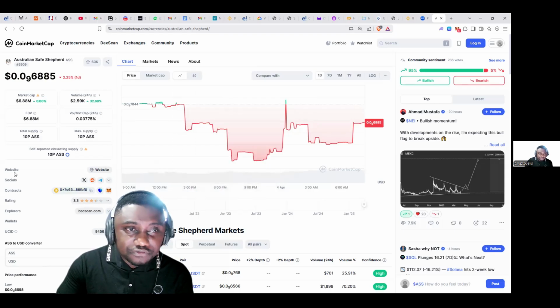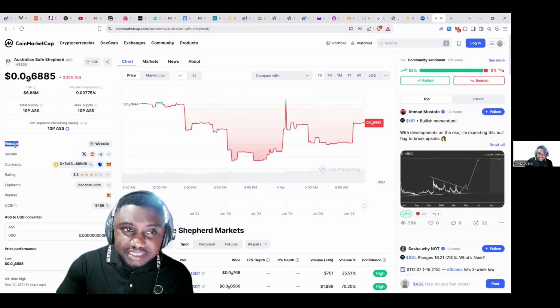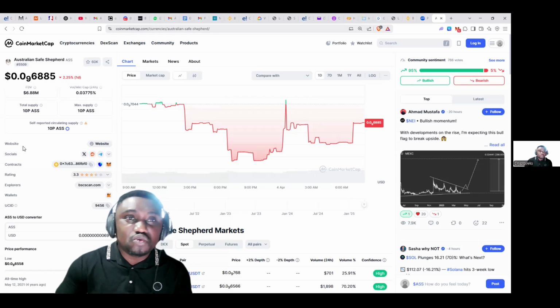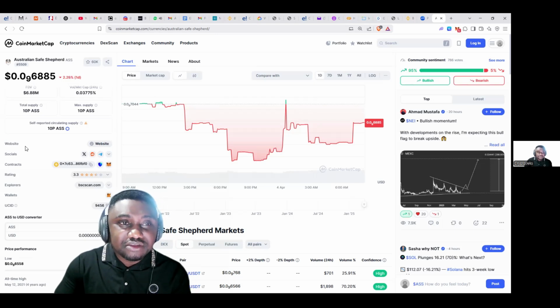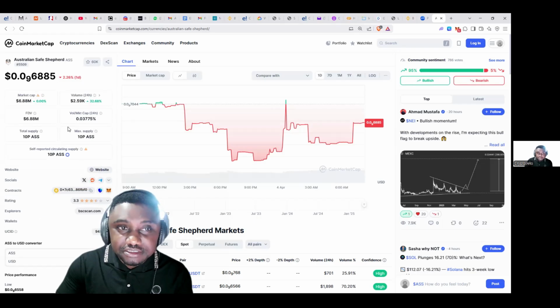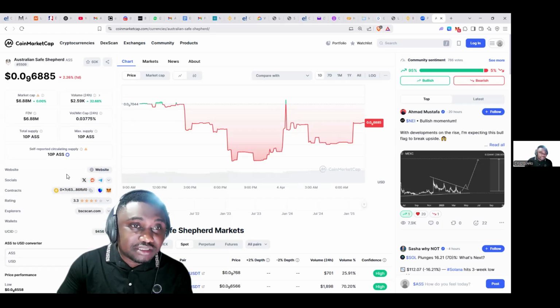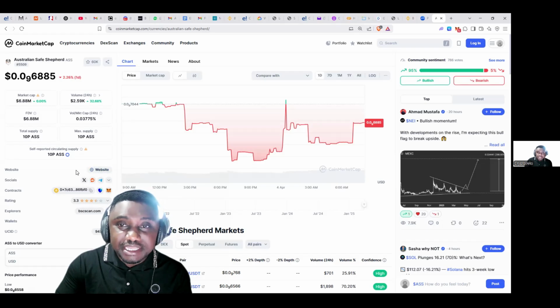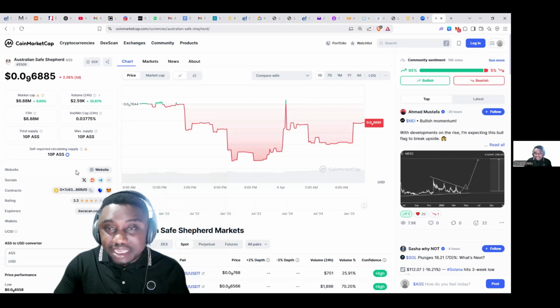To get a view of the project, you need to go to their website. Another thing you must also look out for in any project is, do they have a white paper? Because every cryptocurrency is a project, and every project is supposed to have a white paper. All right, a white paper that shows more in depth the architectural design of the project and what it intends to achieve, both in the short term, mid term, and in the long term.